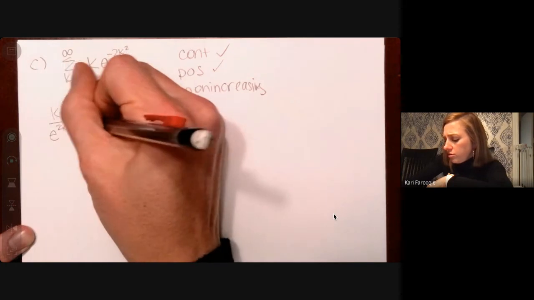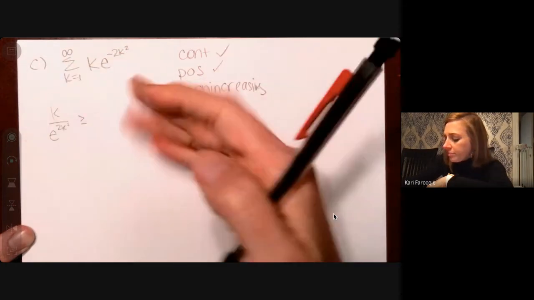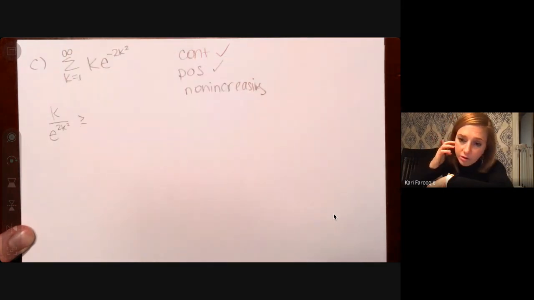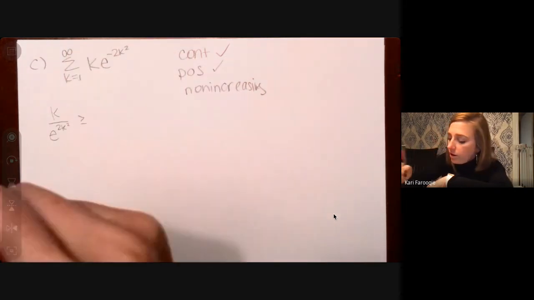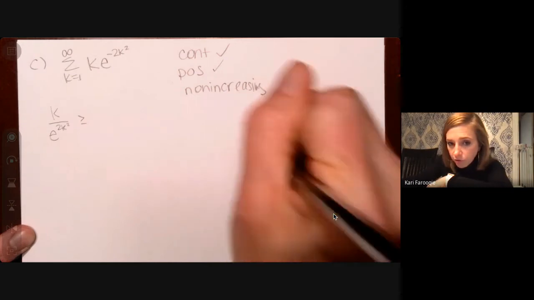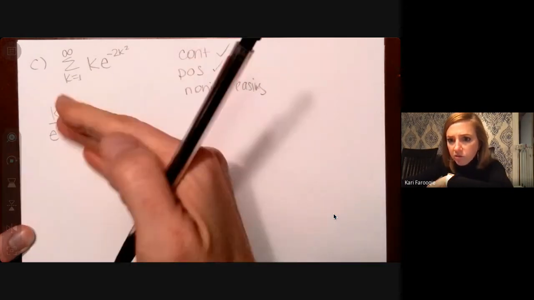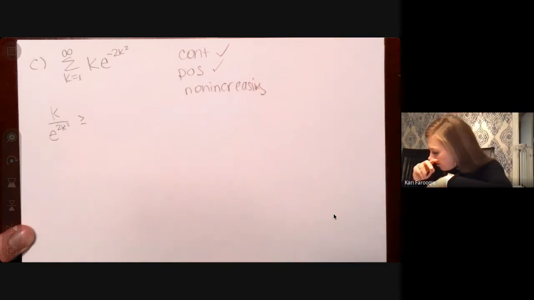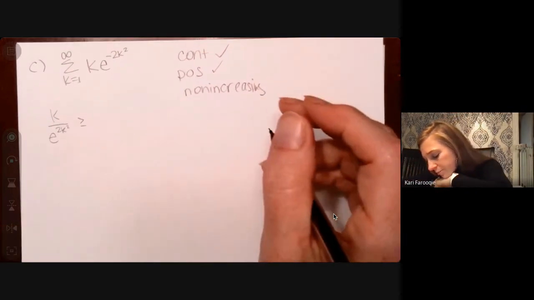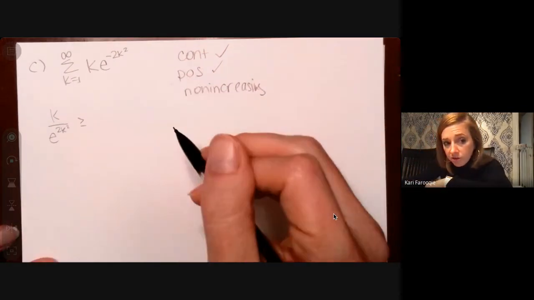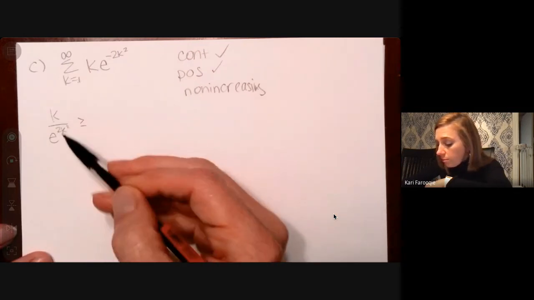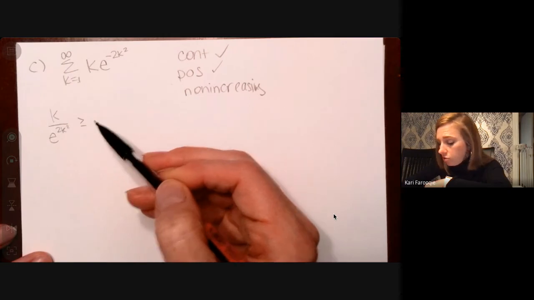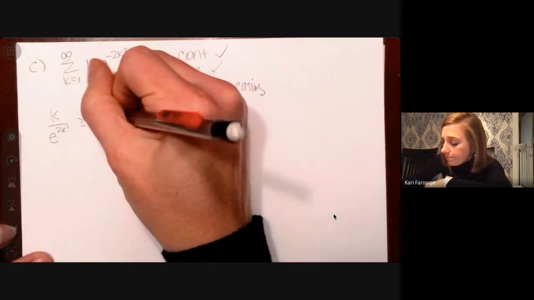I know I usually did this the other direction, but if we're trying to show that our function is decreasing, then I need to show that the successive terms get smaller, which makes sense because you want to be adding smaller and smaller values. So if I'm showing decreasing, I want to show that my kth term is greater than or equal to the k plus 1th term.